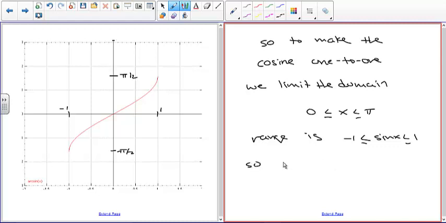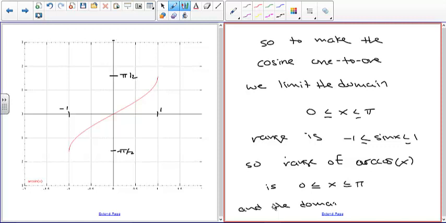So that says that the range of the inverse cosine or arc cosine of x is 0 to pi, and the domain is negative 1 to positive 1.